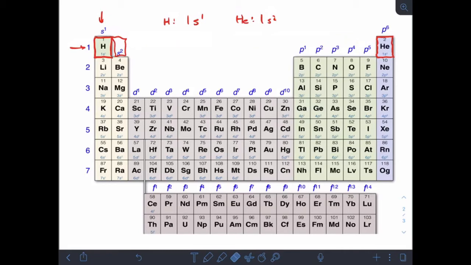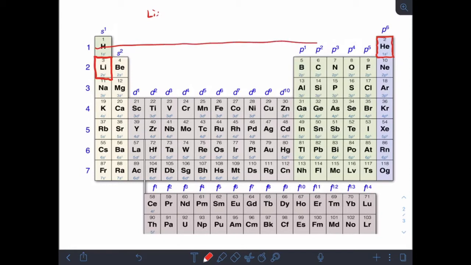So let's do some more. The best way to get our brains wrapped around electron configurations is to do a variety of problems. So let's do the electron configuration for lithium. I'm going to start in the upper left-hand corner of the periodic table, and I'm at 1s1 with hydrogen, and I'm going to read across until I get 1s2.